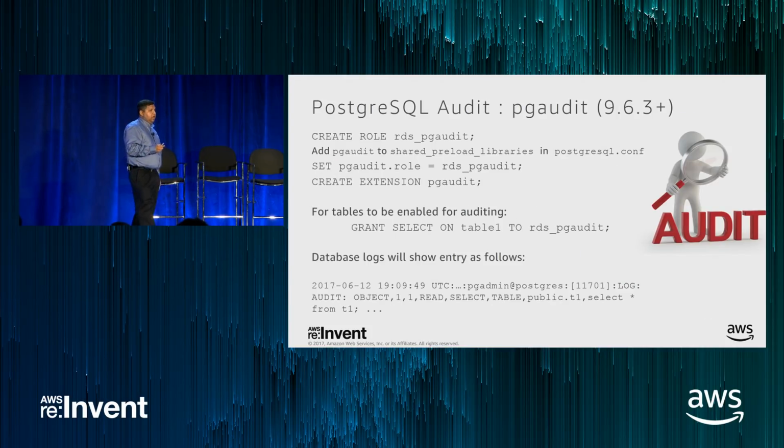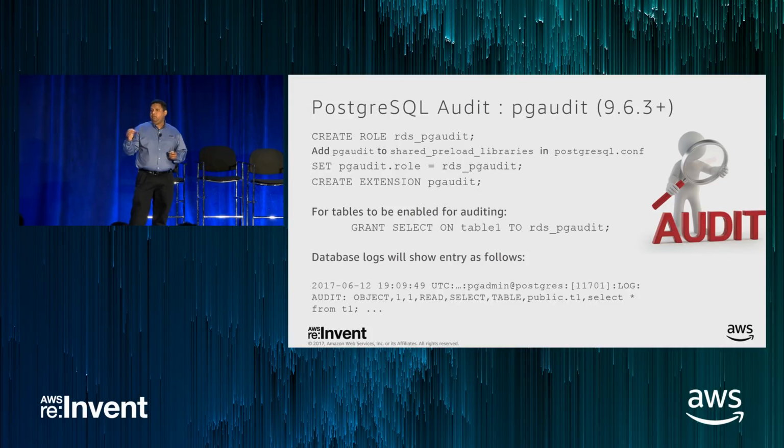The other thing we kept hearing from customers is that they also want compliance at the database level, right? So I'm happy to report we now support PG audit in the latest version of RDS Postgres. That gives you finer grained control on compliance auditing of who is accessing certain tables, certain rows.